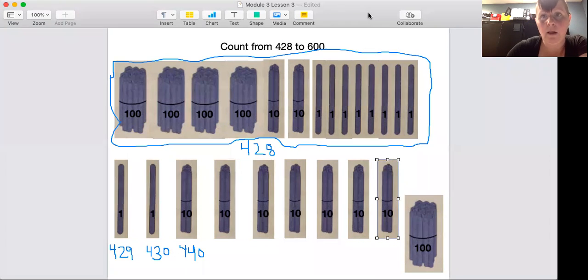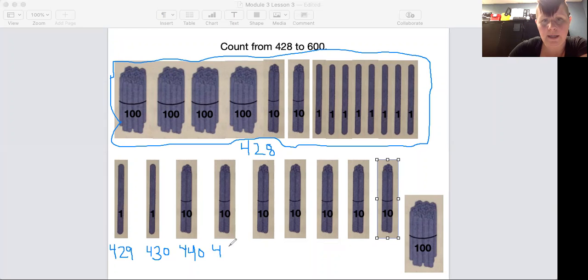Okay. So I'm going to go back. I'm going to label all of these with the actual number. So I would have 450. This would be 460, 470, 480, 490, and then 500.